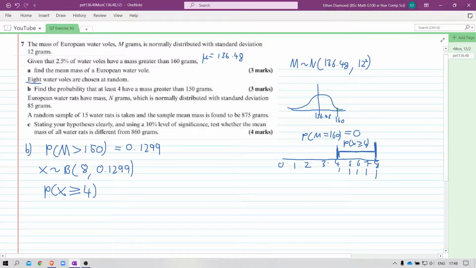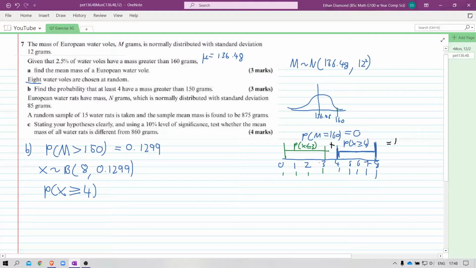Fantastic. So how do you work that out? Well, we need to think about it. If we go from 0 to 3, the probability that X is less than or equal to 3, in other words 3, 2, 1, 0, if we add these probabilities together, what are we going to get? Well, we're going to get 1. Why?